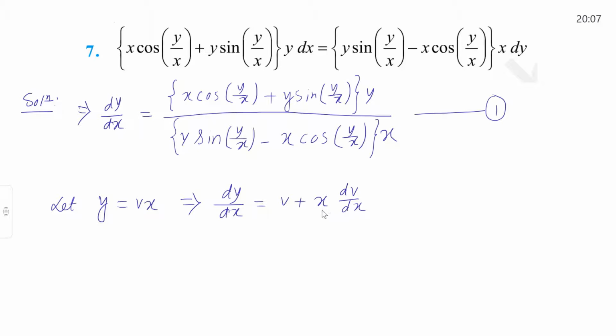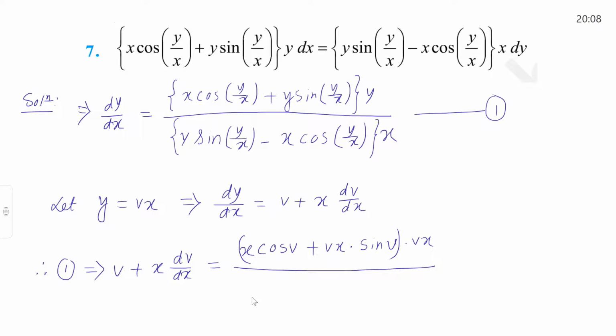Therefore 1 implies left hand side is v plus x into dv dx is equal to x cos of y by x, that is v, plus vx into sin of y by x, that is v, whole into y, that is vx, divided by vx into sin of y by x, that is v, minus x cos of y by x, again v, whole into x.